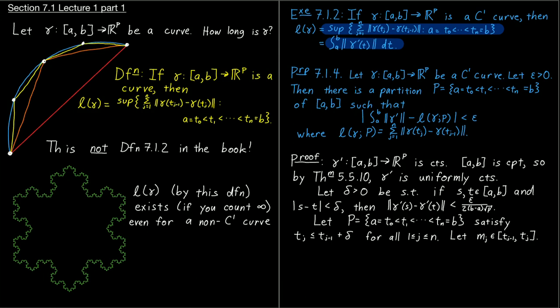And now we want to write down the length of gamma, at least measured over the partition P. Remember, that's a sum.